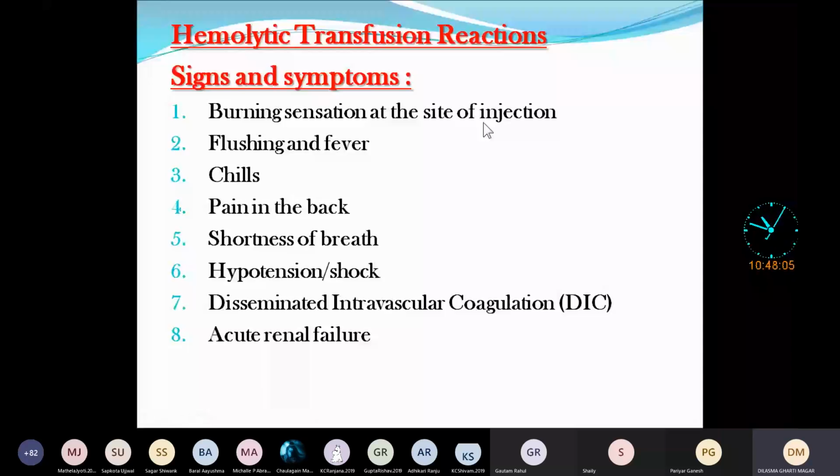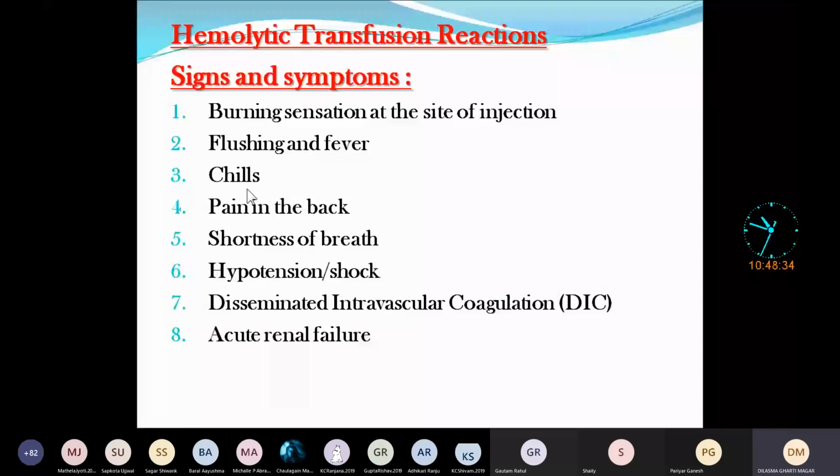The patient will tell that I have a little burning sensation, or irritation. And then the patient's face will be flushing, and there can also be fever with chills, understood here? Flushing of the face means the face becomes red, and there can be fever, and also chills sometimes, meaning the patient will tell that I'm feeling cold, understood here?